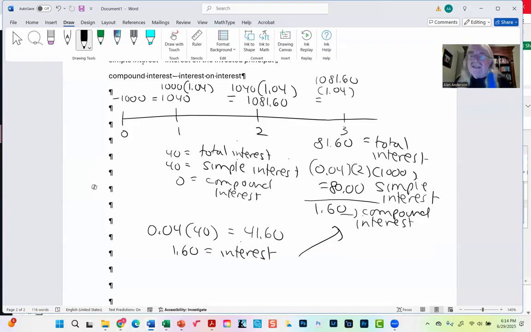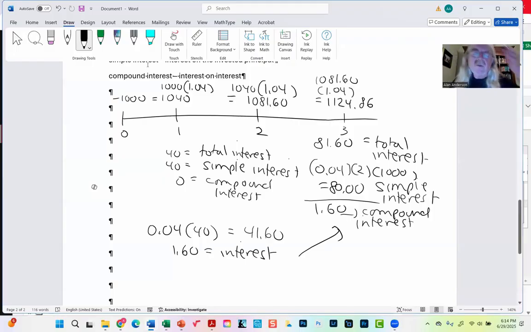Well, I'm sure you can guess where this is going. We're going to have another $40 in simple interest, but we're going to have even more compound interest. So our new balance is $1124.86.